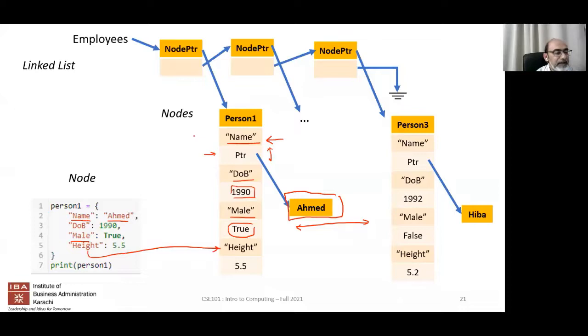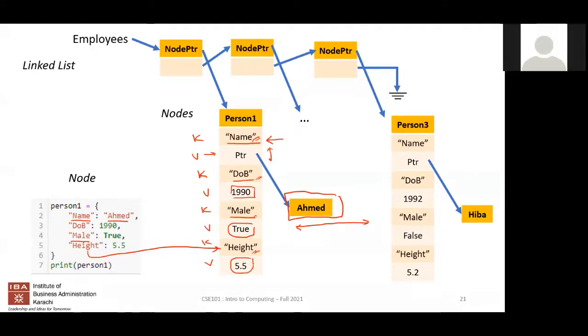So notice that we're having key and value alternate: this is a key, and this is a value. Why is that? Because we're trying to save all of this data. Some of these keys are fixed: name, DOB, male, and height would always be repeating. Maybe it's not the best data structure, but this is one solution.